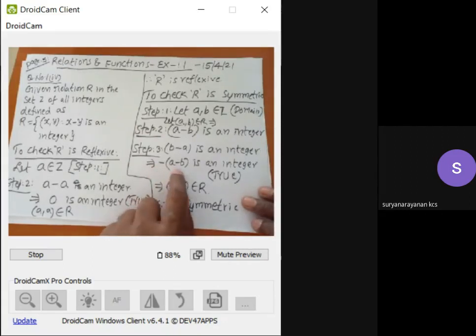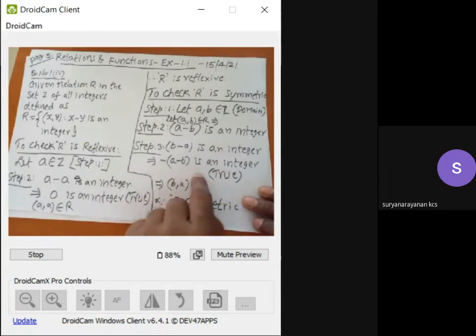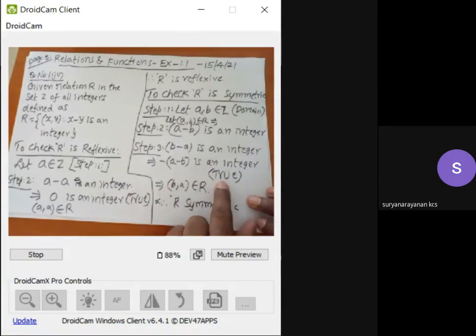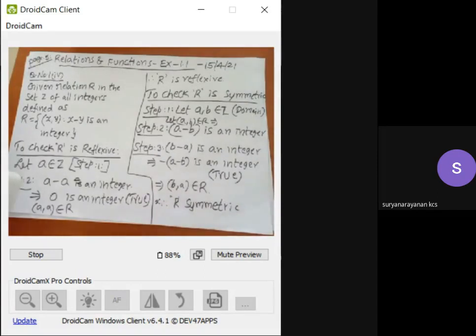Then we get minus of a minus b is an integer. After getting this statement, we have to check whether this statement is true or false. Here we got that this is a true statement. That is why we wrote here ordered pair b comma a belongs to R.